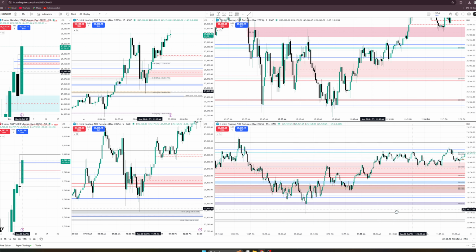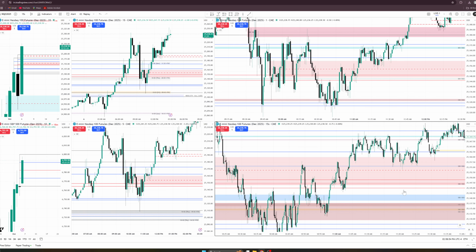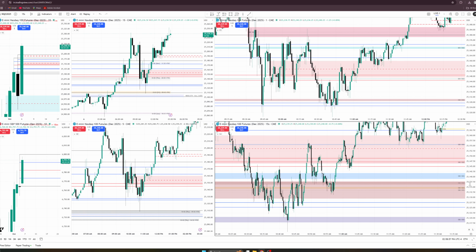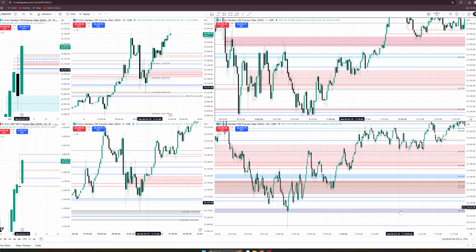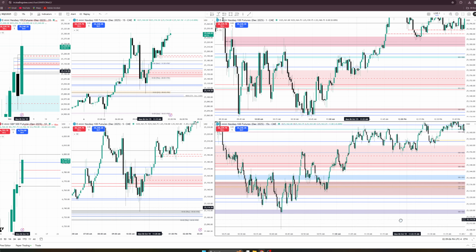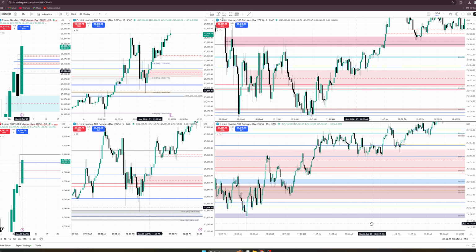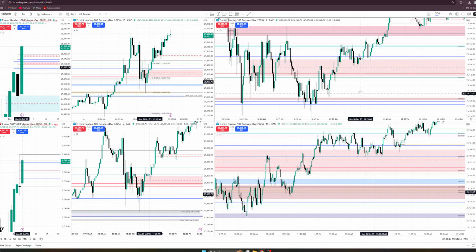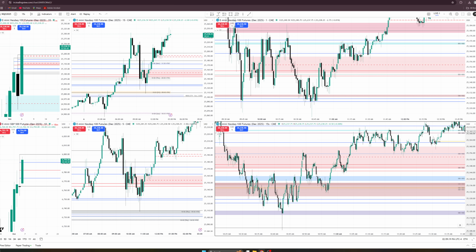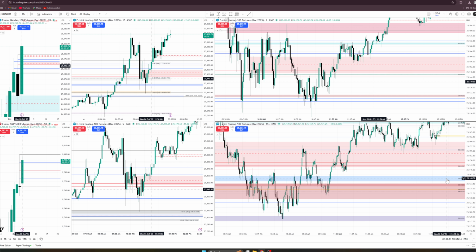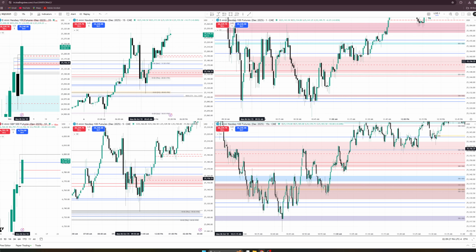Now we will try to find multiple setups on lower time frames using our wicks and first presentation fair value gaps. You can see once we had this expansion, this is a bearish fair value gap.